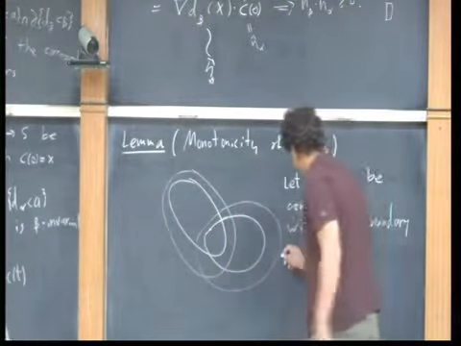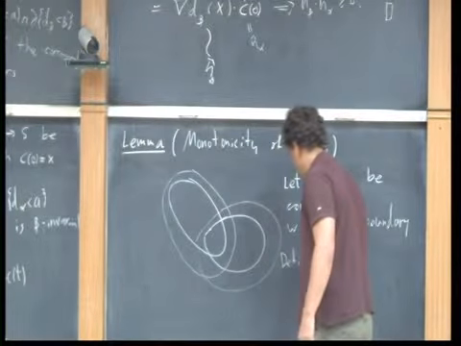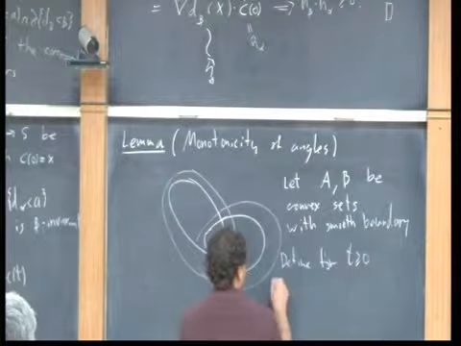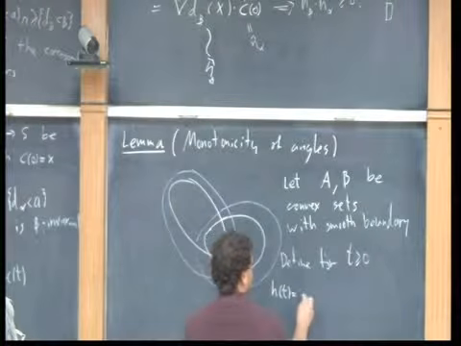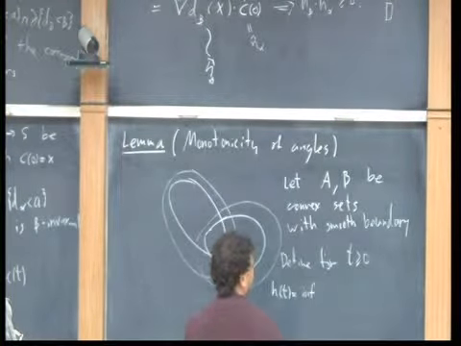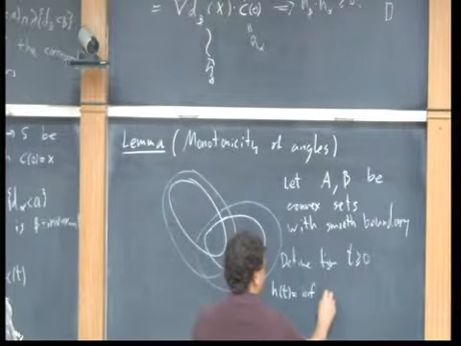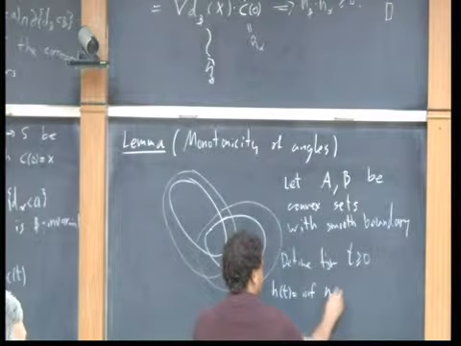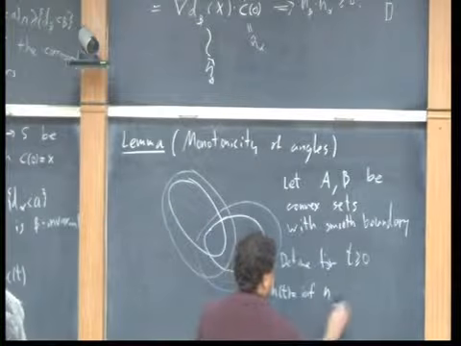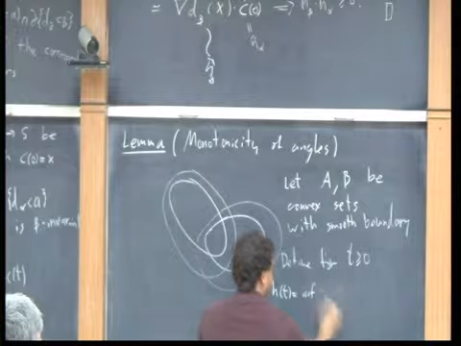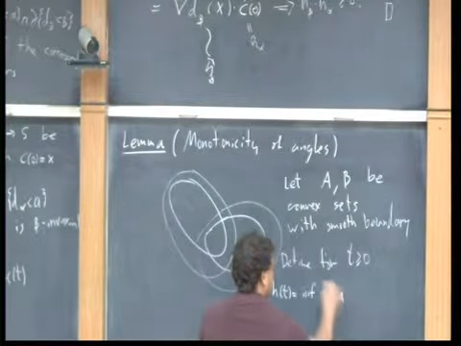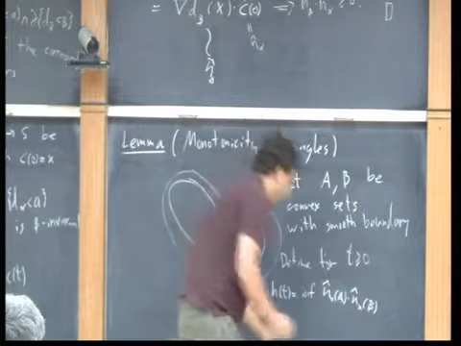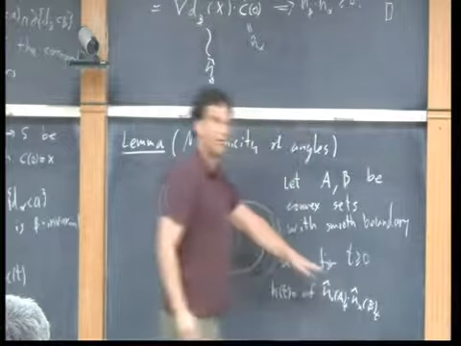For positive t, define h of t to be the infimum, could be a negative number, of n x a t dot n x b t, these are the normals.